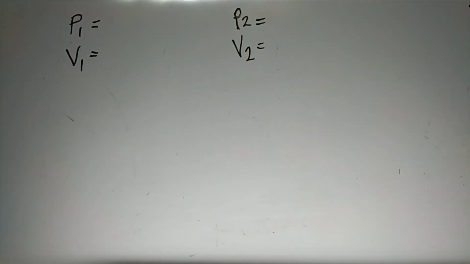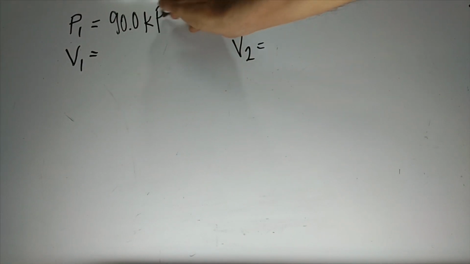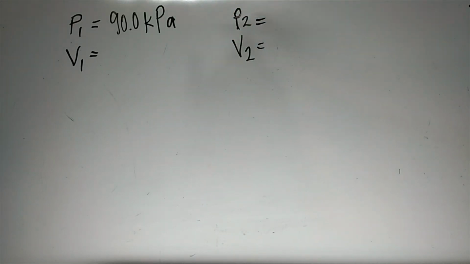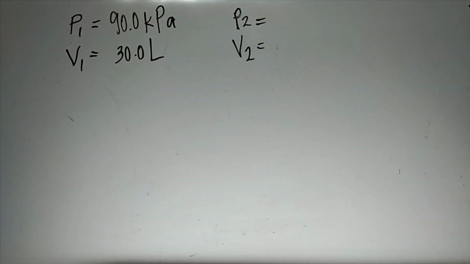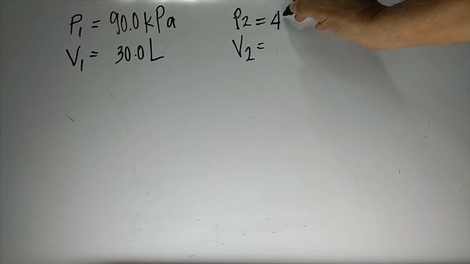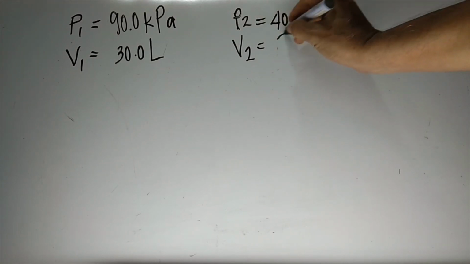To solve the problem, we are going to write all the information given in the problem, starting with pressure number 1, which is 90.0 kilopascals, and its initial volume is 30.0 liters. And then its pressure 2 will be 40.0 kilopascals. And its volume 2 will be unknown.